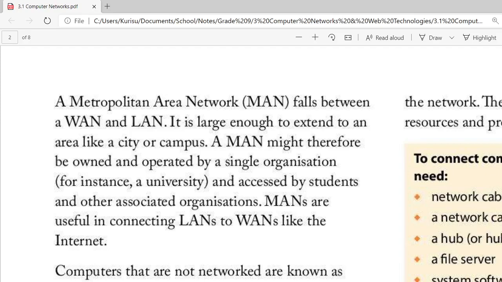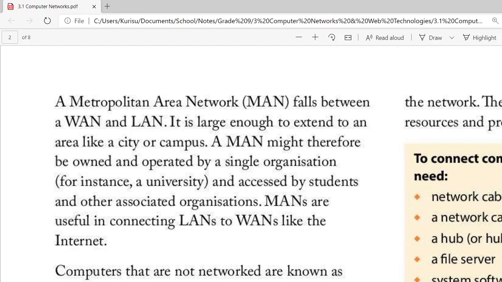Now, as mentioned, the LAN, that size or configuration is, you can say, a room or a building. So that is a local area network. Now a MAN, you can say that configuration would be multiple LANs.